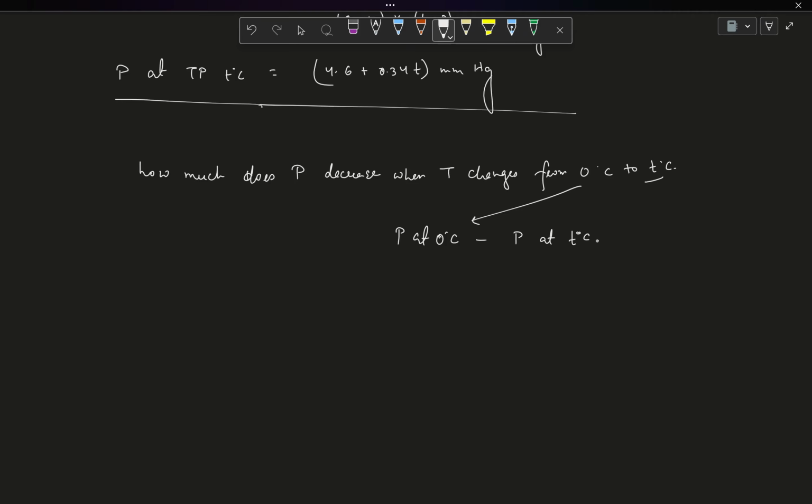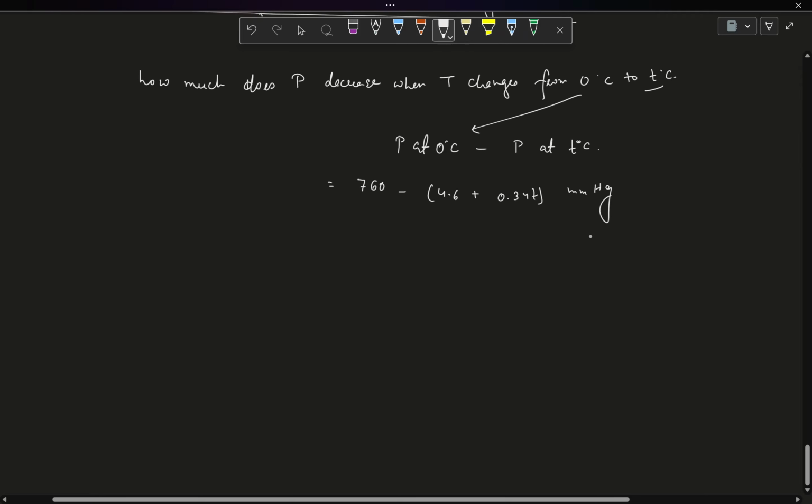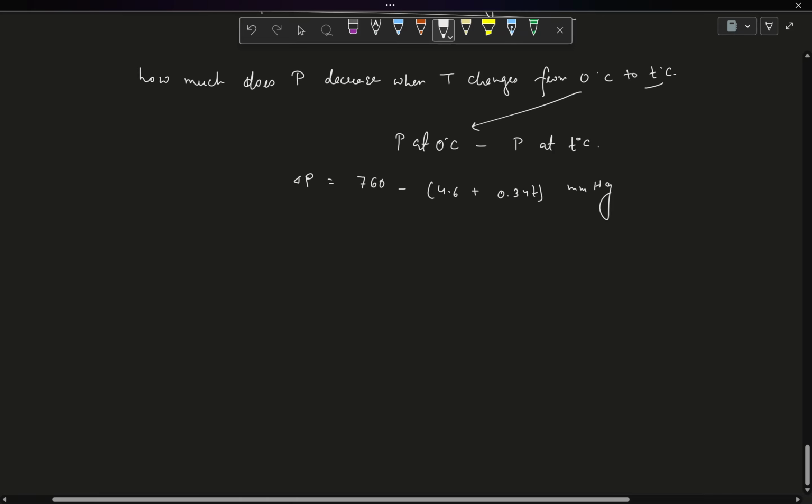In the normal case, the pressure at 0 degree centigrade is 760 mmHg, minus the pressure at T degree centigrade, which is 4.6 plus 0.34 T, in mmHg. So this is the change in pressure.